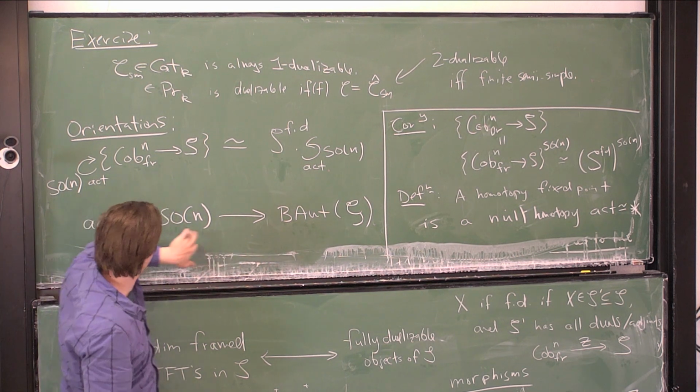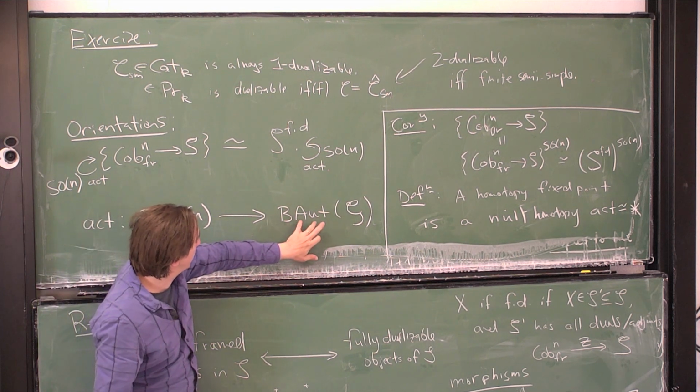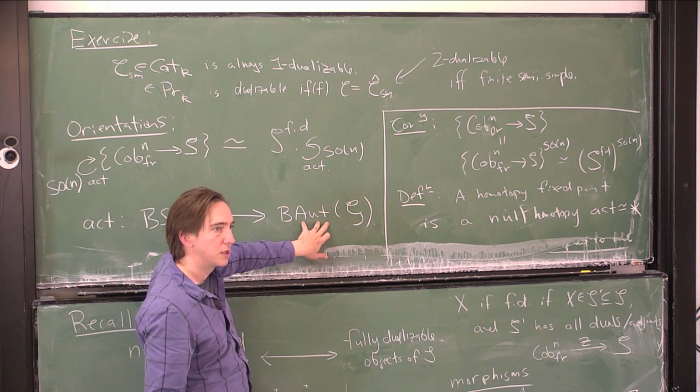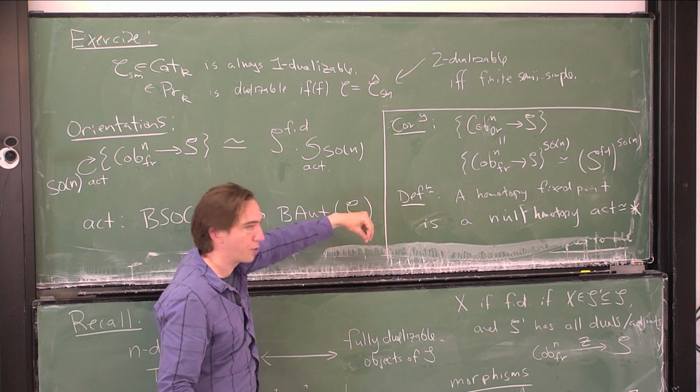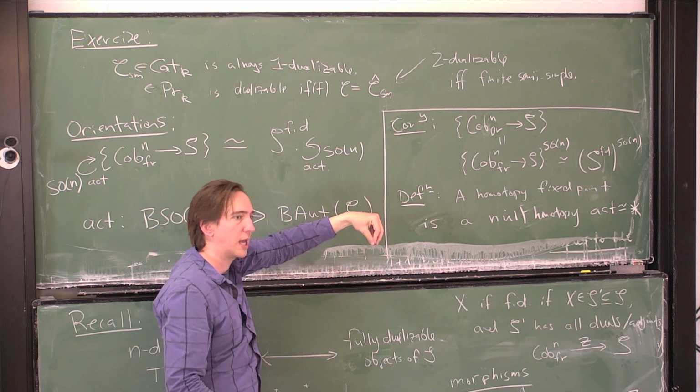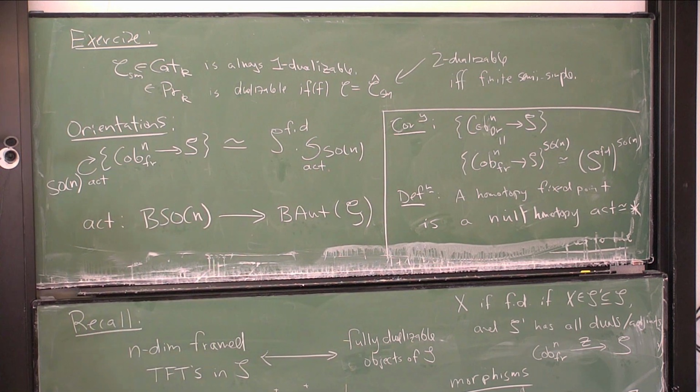So this has a unique point. This has essentially also a unique point. But I can think of that point being based anywhere I like in S, and I've just chosen it to be X. Does that make sense? So just to reconfirm, big X is the connected component of S that contains small x. Am I wrong?